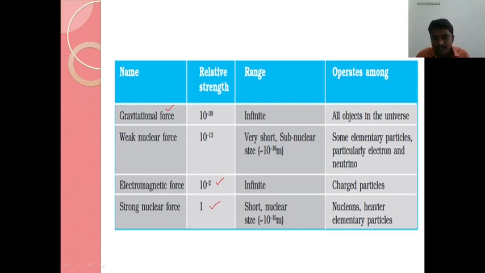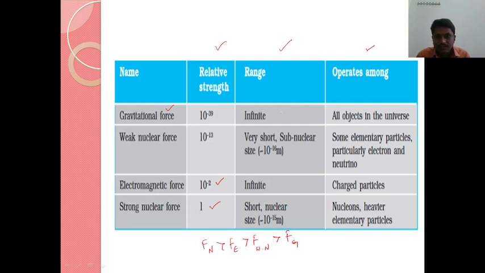So in order, the nuclear force is stronger than the electric force, stronger than the weak nuclear force, and stronger than the gravitational force. These are the strengths, these are the ranges, and this is where they exist.